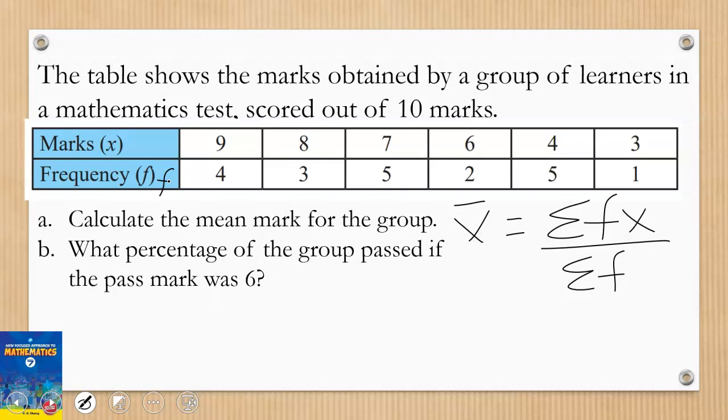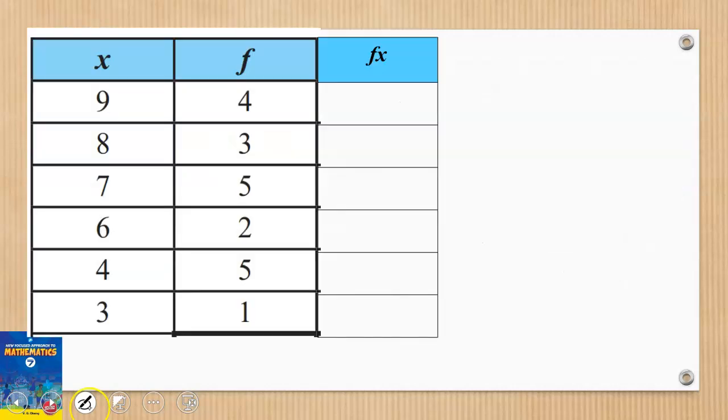Good. So let's have the table like this, okay? And we want to know our fx. So first of all, we have 9 times 4, and 9 times 4 is going to give us 36 here.